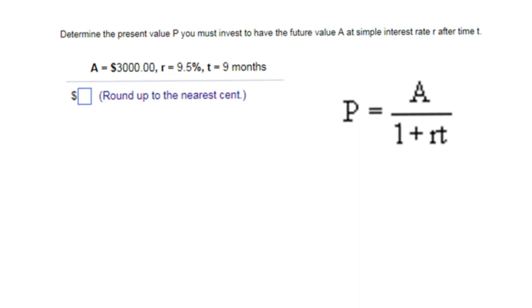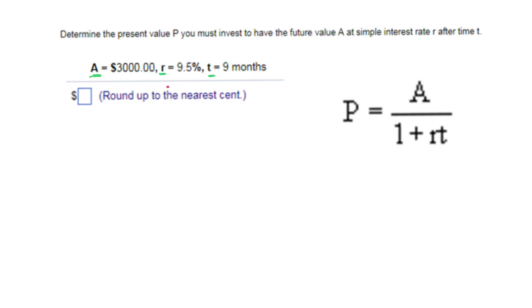Determine the present value P you must invest to have a future value A at simple interest rate R after time T. So they gave you your future value A is $3,000, your interest rate 9.5%, and T is 9 months. So the first thing we need to do is translate that rate into a decimal form.